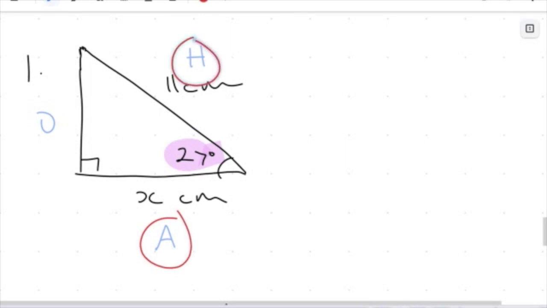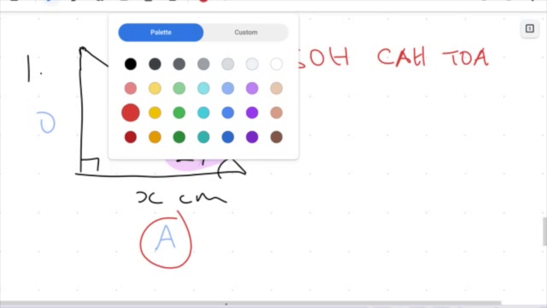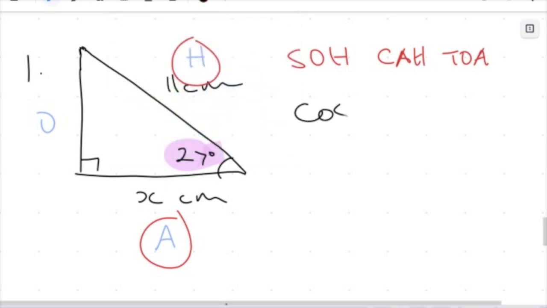So from the perspective of this angle, if we use our SOHCAHTOA, I am looking for this one over here, because I have an adjacent and a hypotenuse. So the particular ratio I'm looking at is going to be cos, from the perspective of the angle 27 degrees.